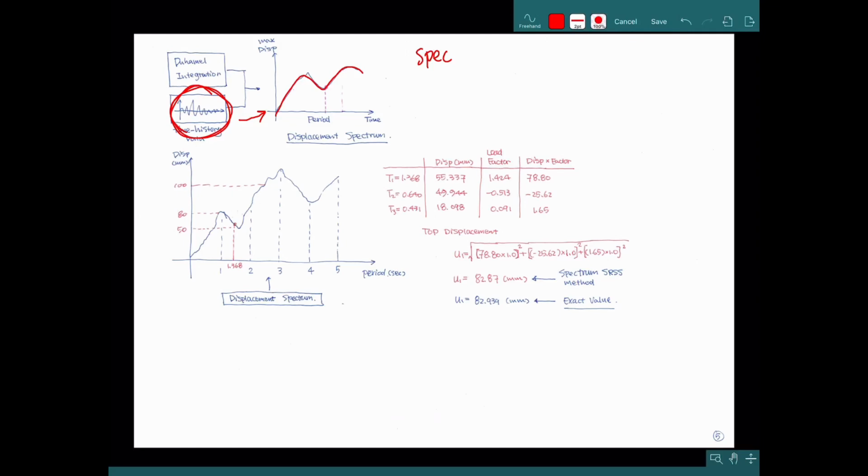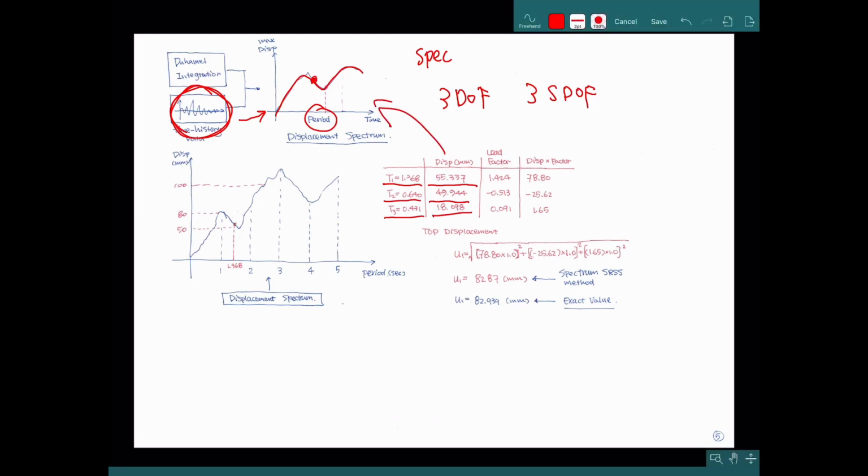From the spectrum, when we know the period, we can capture the maximum displacement for this period. For this 3 DOF system, we can have three single DOF systems with three different modes and periods. For each period, we can capture the maximum displacement using the spectrum method.